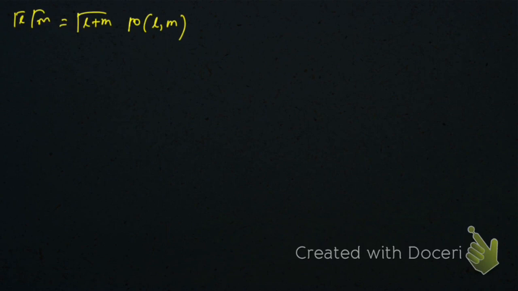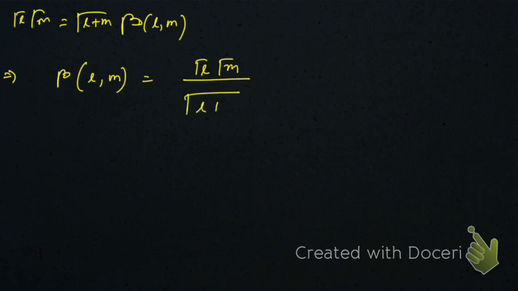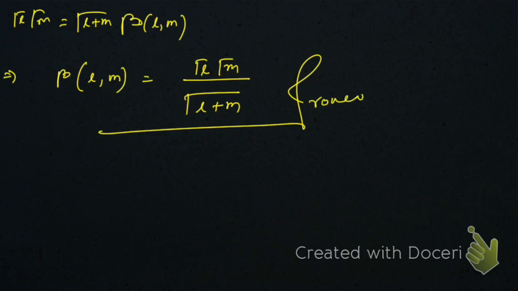So this is the result we have got. Now this implies beta l comma m is equal to gamma l gamma m by gamma l plus m. This is how we can prove the relation between the gamma and beta function. This is the relation between gamma and beta function.